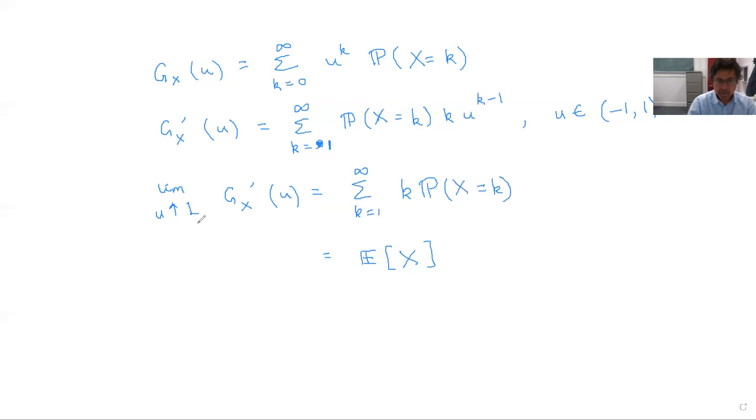Okay. This limit will exist if X is a non-negative random variable. Otherwise, the limit may not exist and the expectation may be undefined. But for a non-negative random variable, the expectation is always well defined, but it could be infinity. Okay.